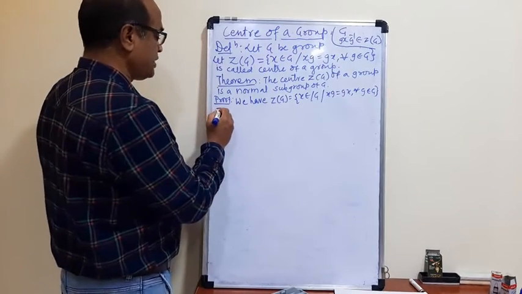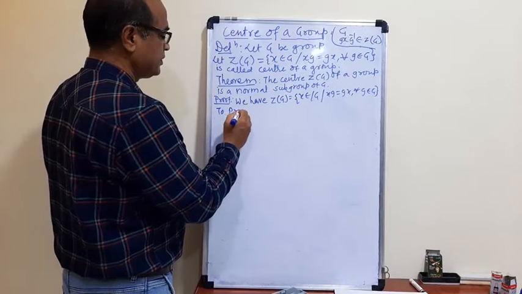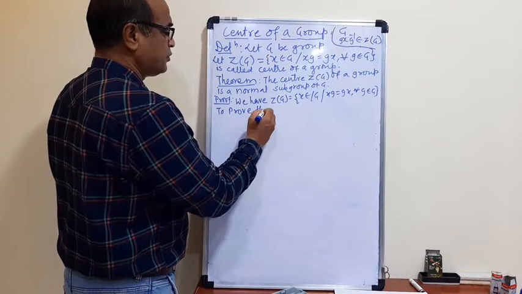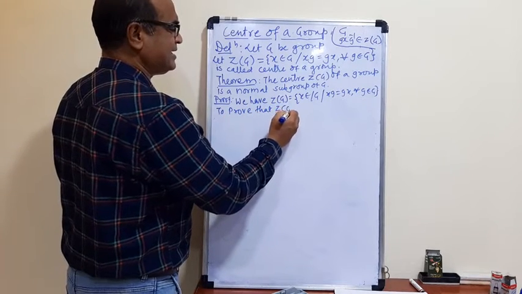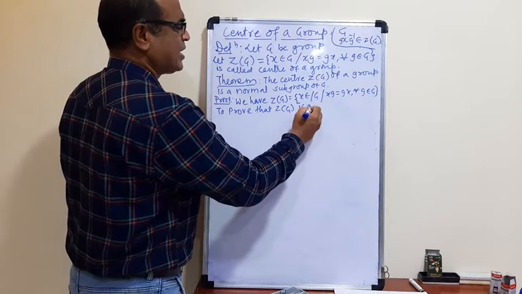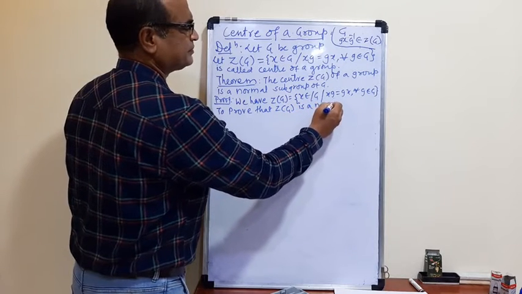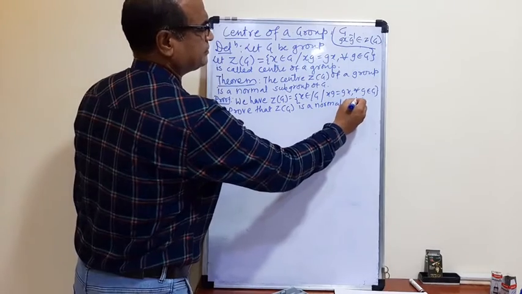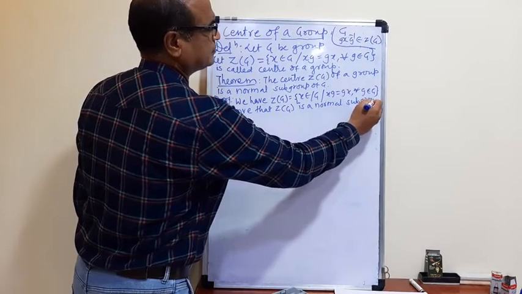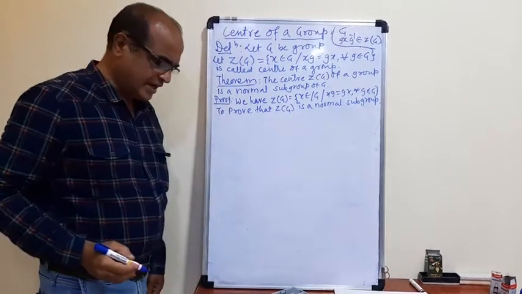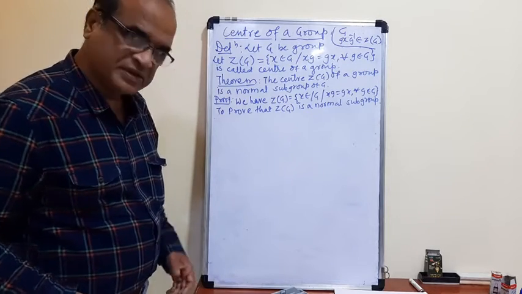So what is it that we have to prove? We prove that Z(G) is a normal subgroup of G.